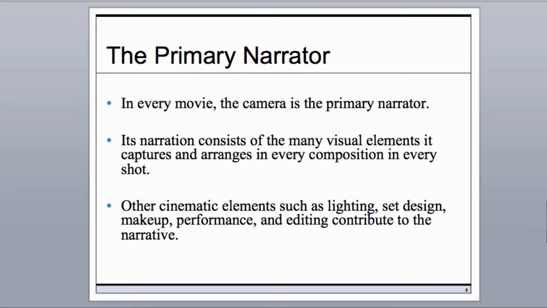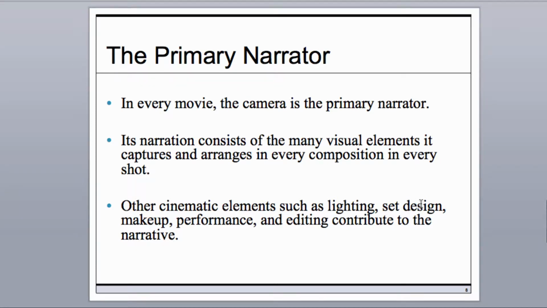The primary narrator, the camera, the ability to capture the image and let you hear the sounds associated with that image or insert extra sounds to narrate to you those images, the arrangement, the composition, the lighting, the sound, all the visual elements captured in the shot.